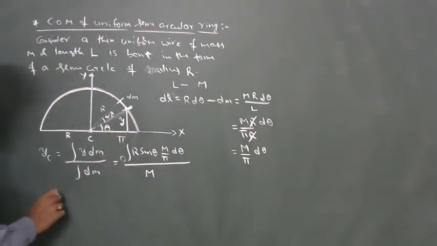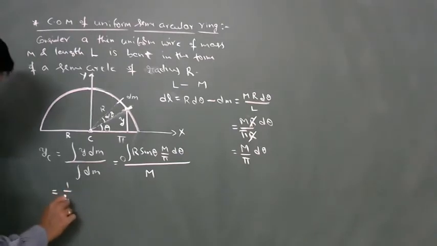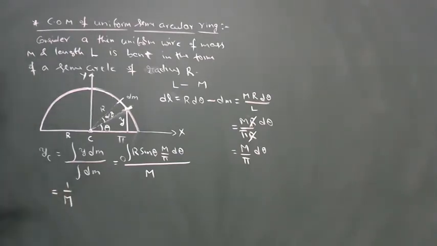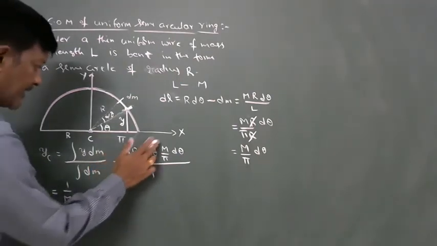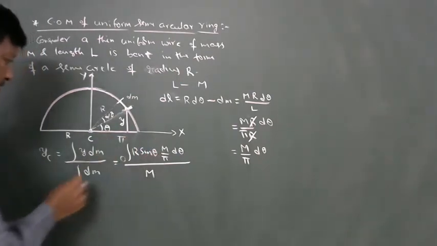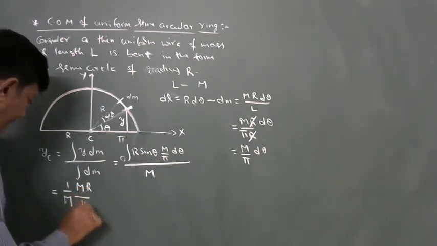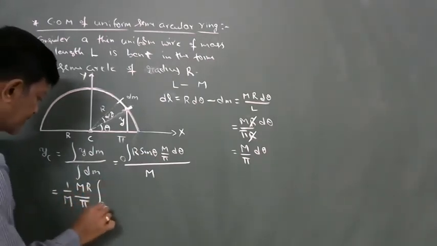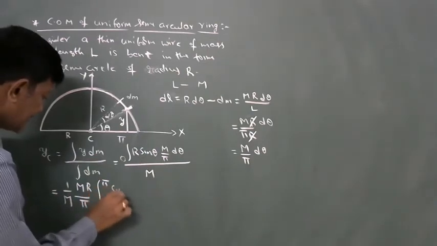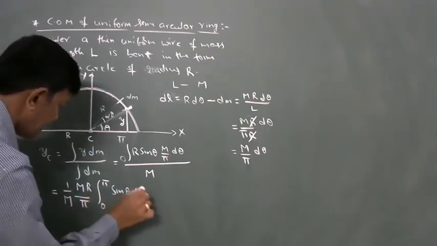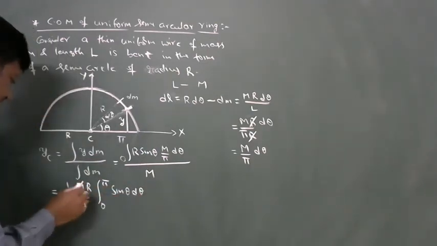This is equal to 1 by m into, here also m by pi r is constant, m r by pi constant, integral 0 to pi sin theta d theta. Here m gets cancelled.